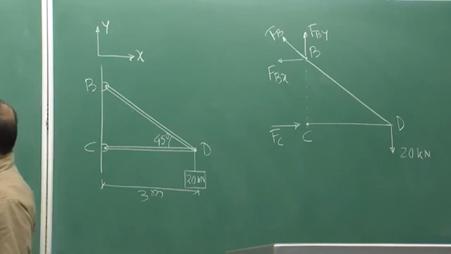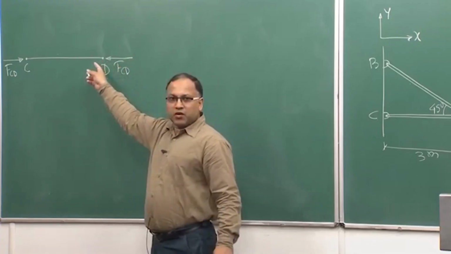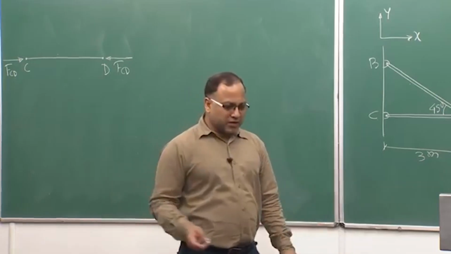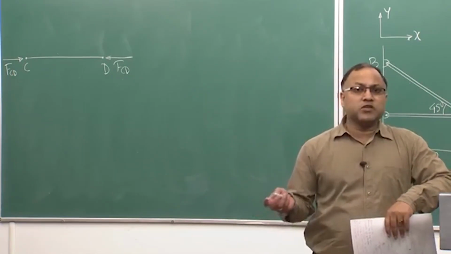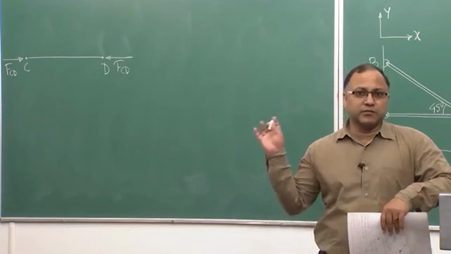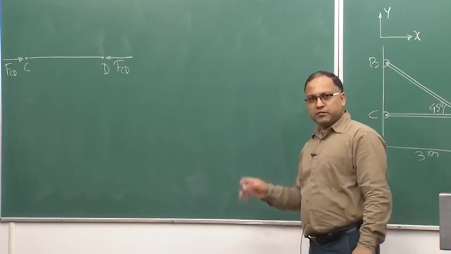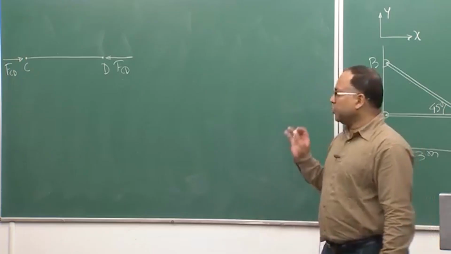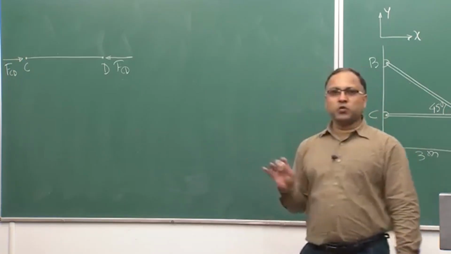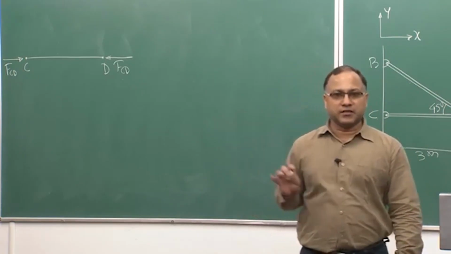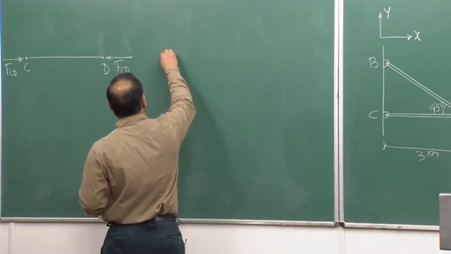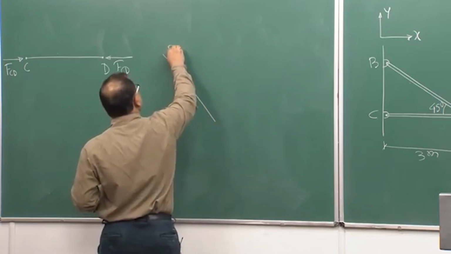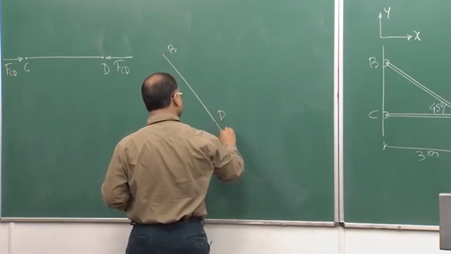Now, for example, if I consider compression, and if I get positive value of FCD, then it is really compressive. If it is not really compressive, then it will become negative. So, this thing I am saying several times, you need not think much about the direction of the force. Well, and I am considering BD, say tensile.